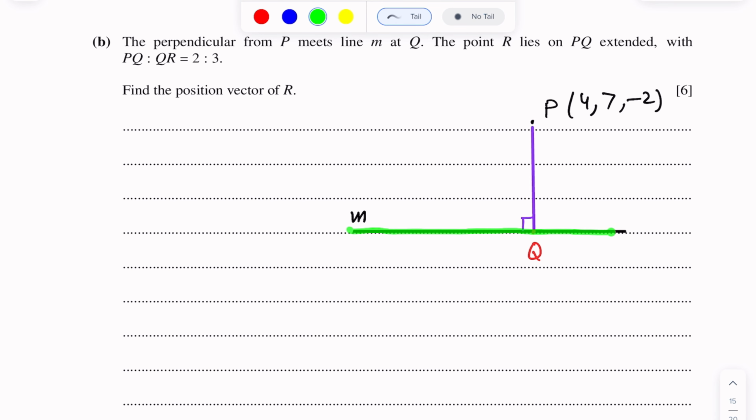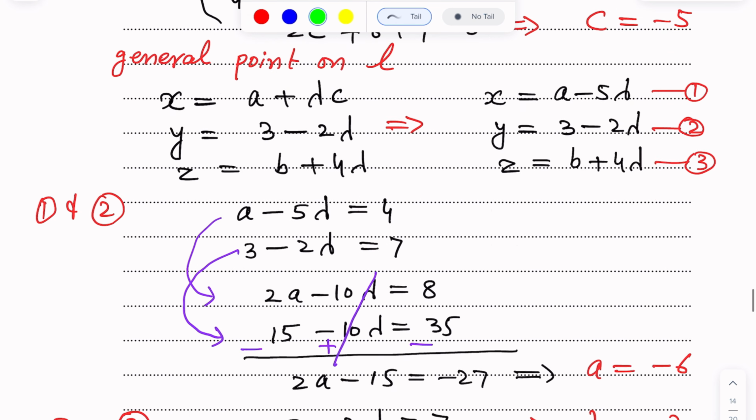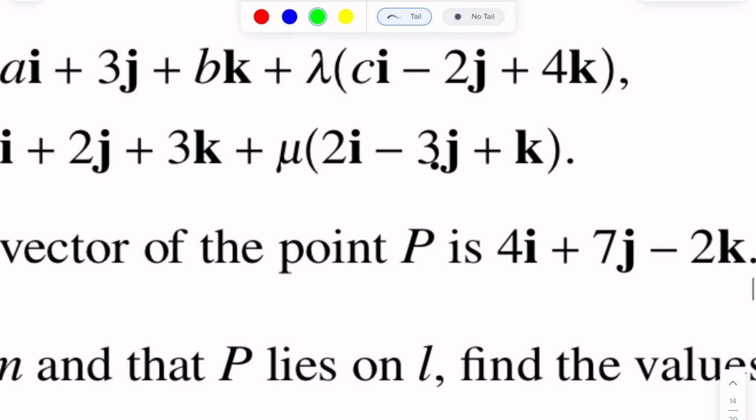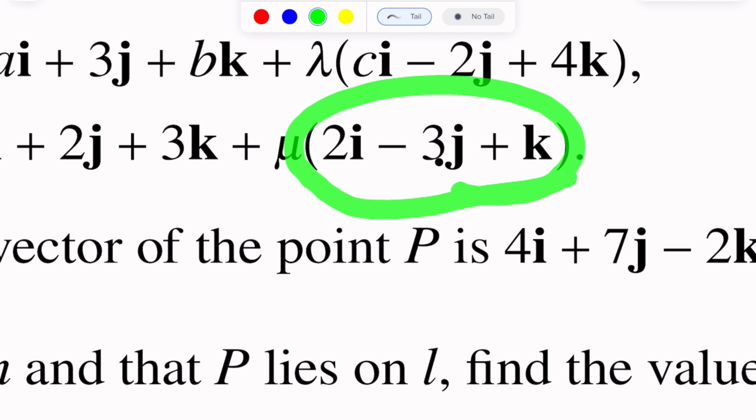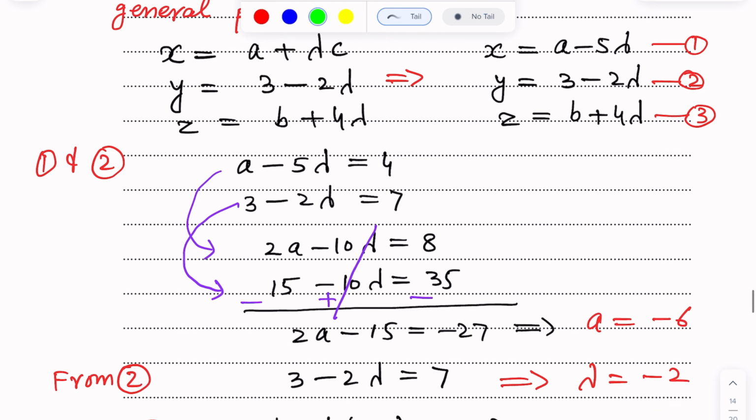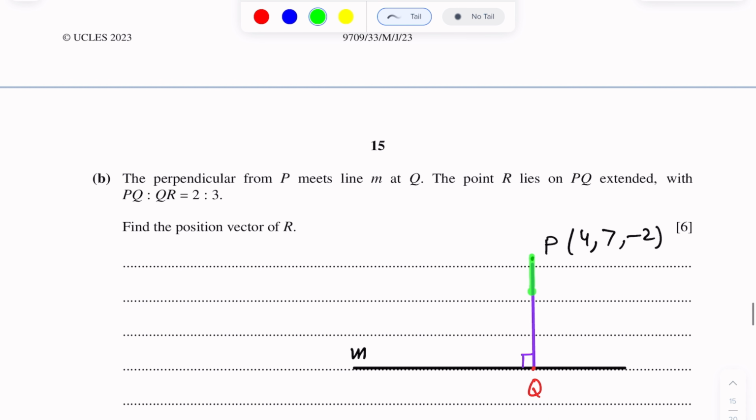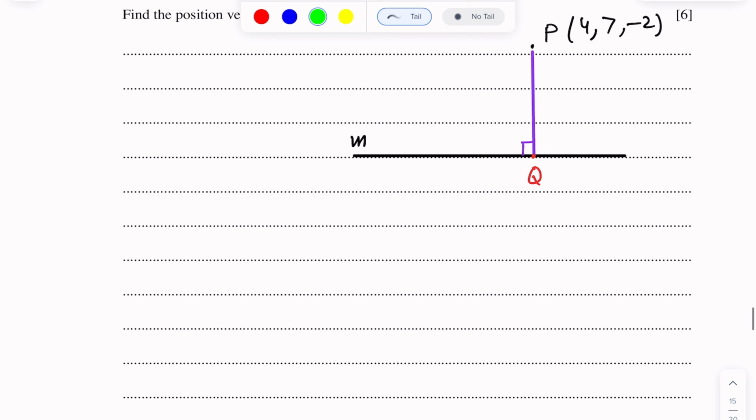The direction vector of this line M is given: 2i minus 3j plus k. But how will we find the direction vector of this line? We will subtract these two points P and Q, subtracting the coordinates of P and Q. We get the direction of this line PQ. The direction vector of line M is also given. So the dot product is 0.